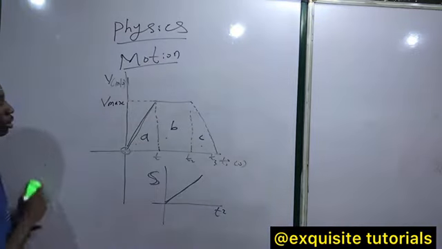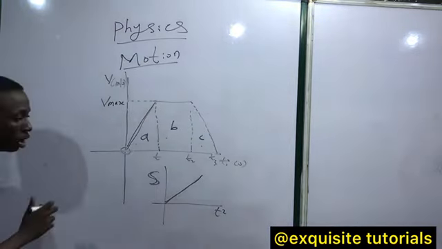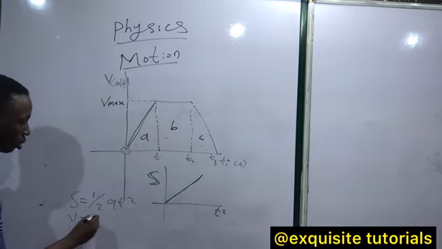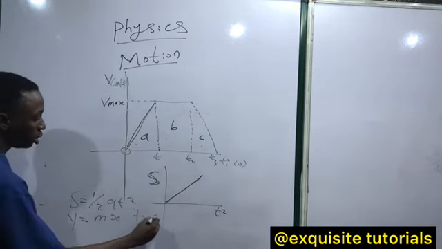Now, let me quickly show you something. Remember this is our equation: s is equal to ut plus 1 over 2 at squared. The body starts from rest, so u is 0, so this immediately cuts out this part. So we'll now be left with s is equal to 1 over 2 at squared. Remember our equation of a straight line, y is equal to mx plus c.